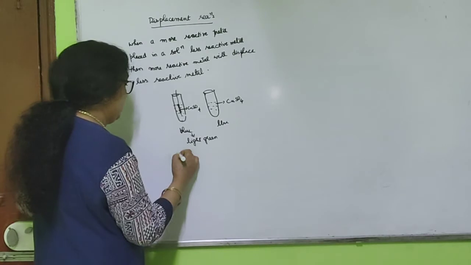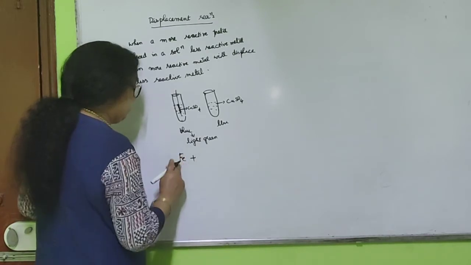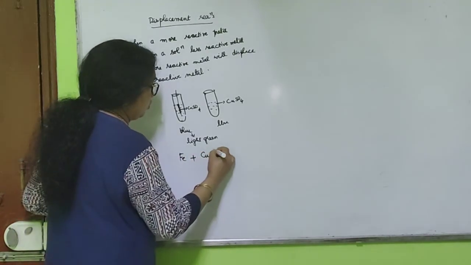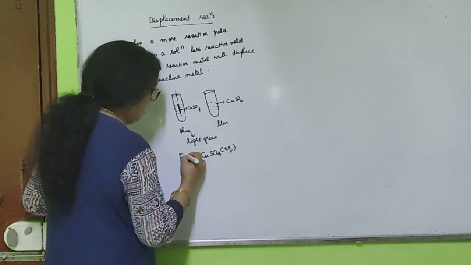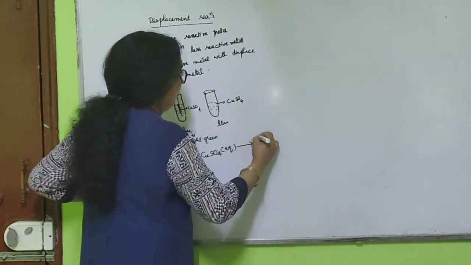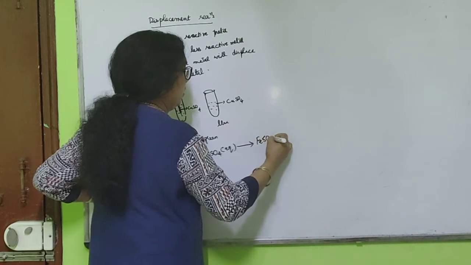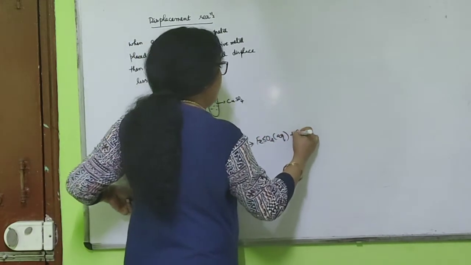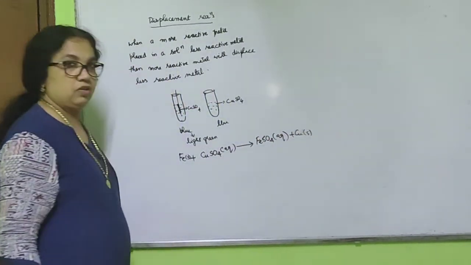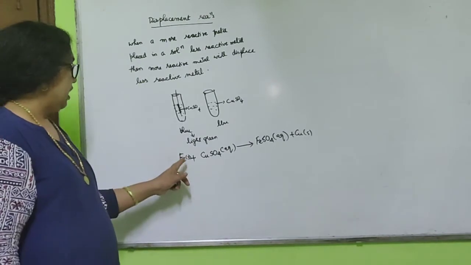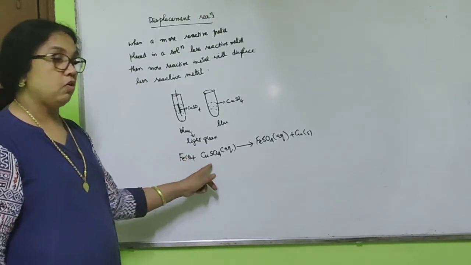It is like this: Fe, iron metal, added to copper sulfate solution, CuSO4 aqueous, gives FeSO4 aqueous plus copper. So this is the reaction. This is the displacement. Here iron is more reactive than copper.